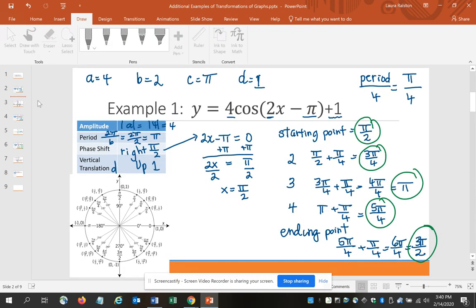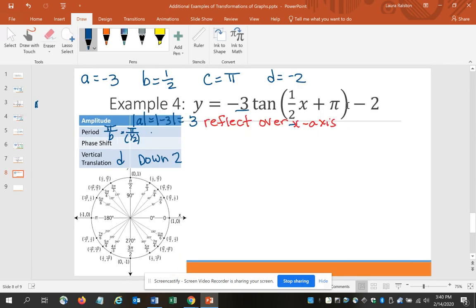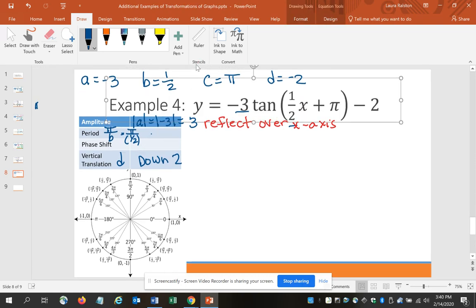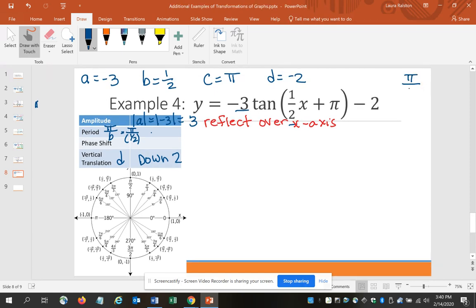So pi over 1 times 2 over 1. Remember, you got to flip and multiply, so that becomes 2 pi. So my period actually gets longer, which means I'm stretching the curve. My period is 2 pi.